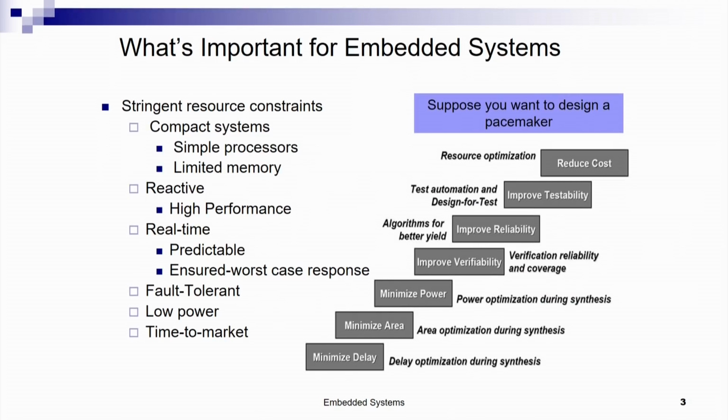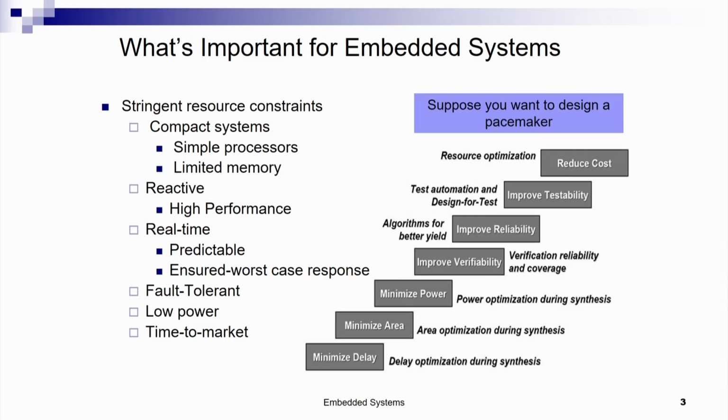So, what are the design constraints in this system? It has to minimize delay. Why? Because whenever the heart fails to generate impulses, the pacemaker should come in and generate impulses.